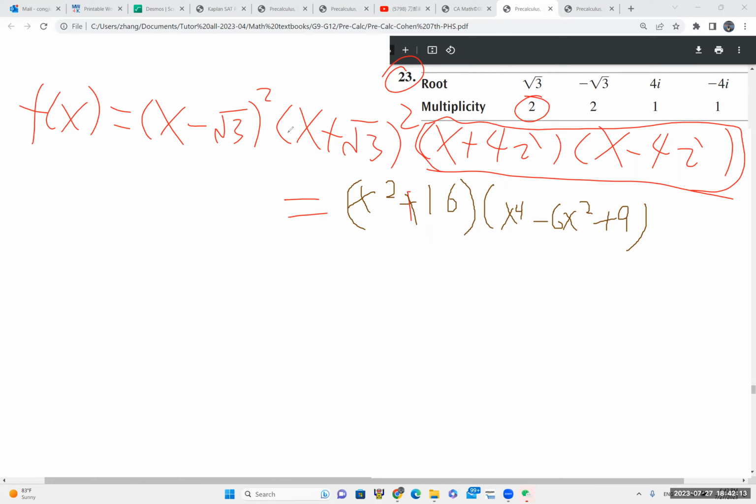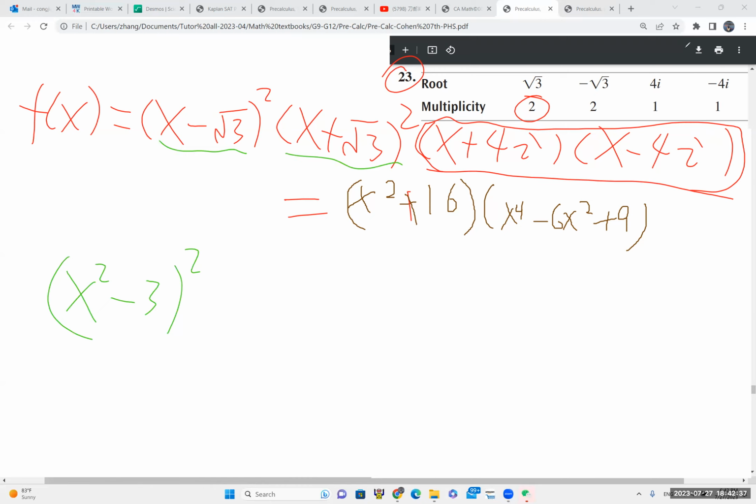Yeah, before we take the square, we can do this first: this minus this. Why? Because we can make use of the difference of squares formula, right? Here we get x squared minus the square of the radical 3, so just 3. Then take the square.